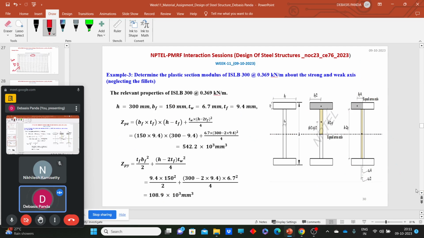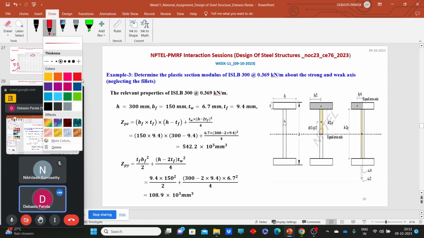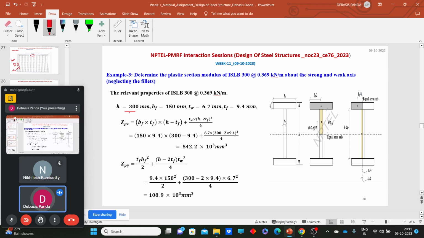Here one example is there. One I section is given, and the relevant properties of that I section are provided, like the overall depth H equal to 300 mm, BF and all these things. Now you can calculate the ZPZ, BF into TF multiplied by H minus, using that simplified formula of the previous slide.